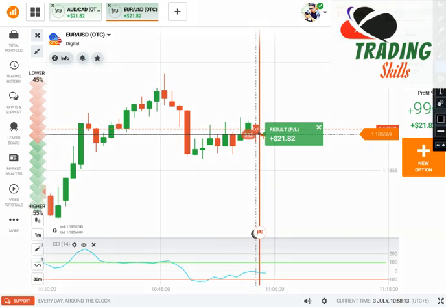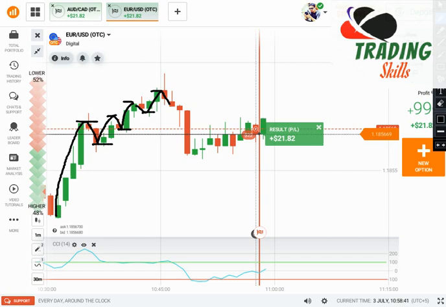So you can see, I want to explain this again. This was an uptrend. It was an uptrend. Market is making higher highs. You can see market is making higher highs, and it is not breaking any lower point of this area.